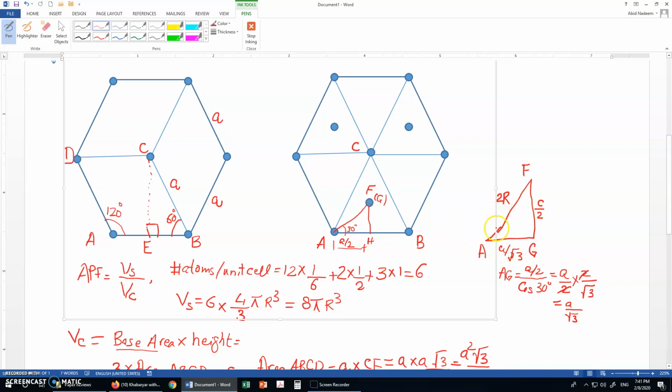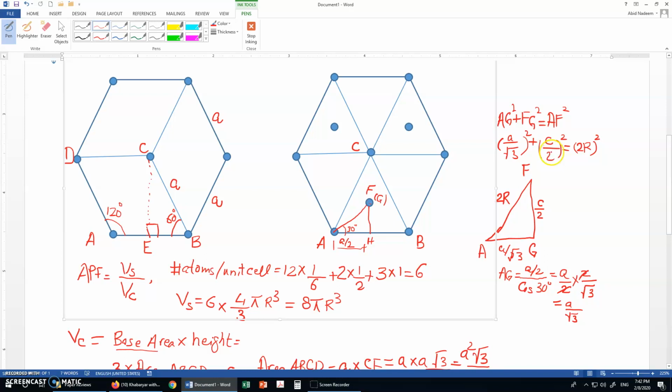So now we have this triangle, and for this triangle we can apply the Pythagoras principle. So then what we can say is that AG square plus FG square is equal to AF square. So AG is A over under root 3 square plus C by 2 square is equal to 2R square.